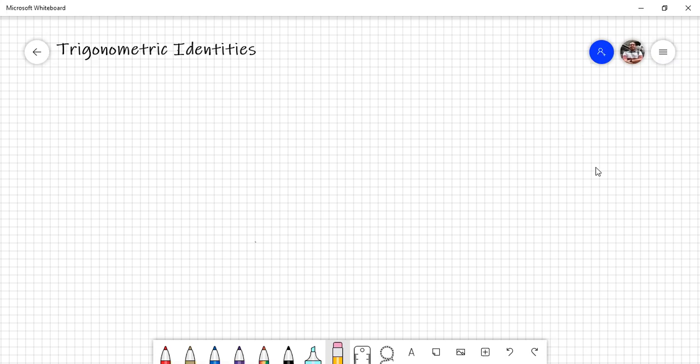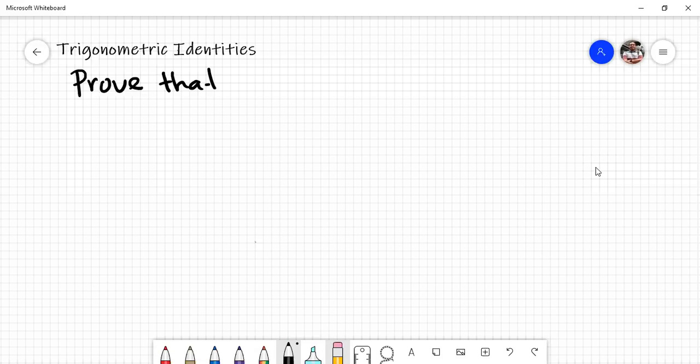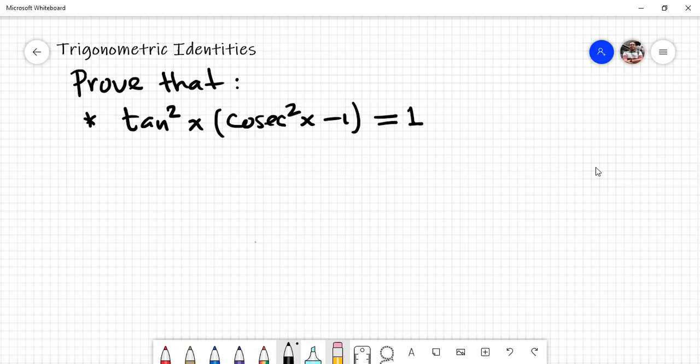Now, this is our first question. Prove that tangent square x times, in the bracket, cosecant square x minus 1 equals 1.